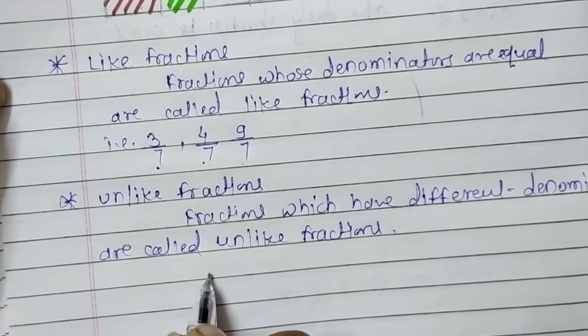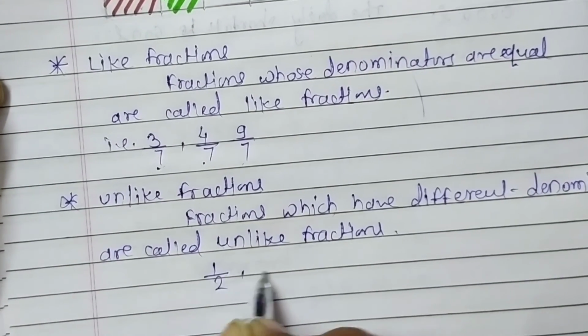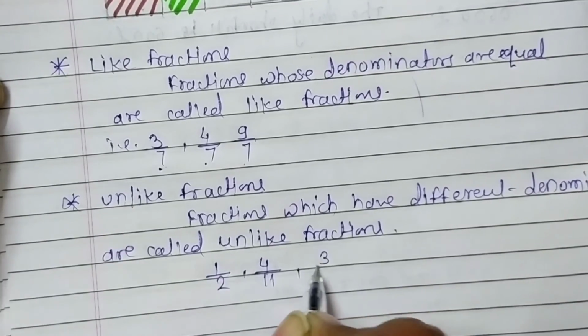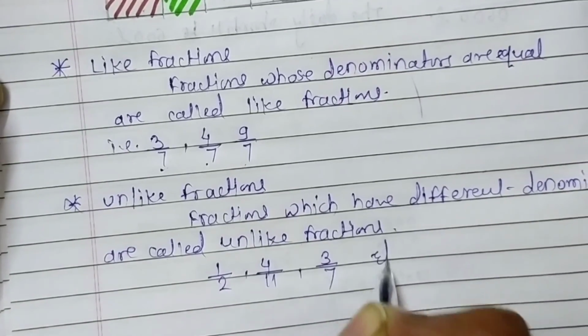You can write it in both ways. For example, 1 upon 2, 4 upon 11, 3 upon 7, etc.